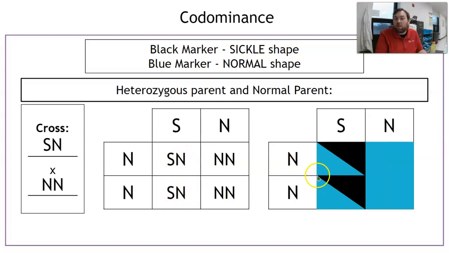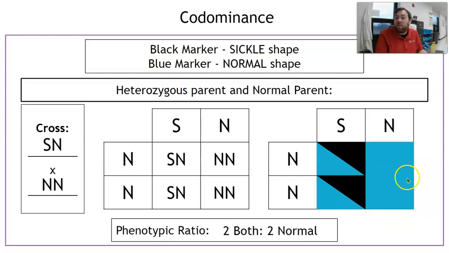And you can make the line going from bottom left to top right or top left to bottom right. Doesn't matter to me whatsoever. The point of the matter is this is a 50-50 ratio still. It just happens to be 50% of our individuals will have a normal cell shape in their blood, and 50% of the individuals will have both the normal cells and the sickle cells in their blood.